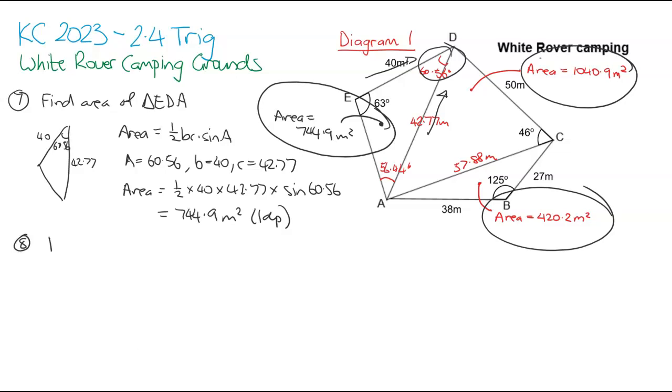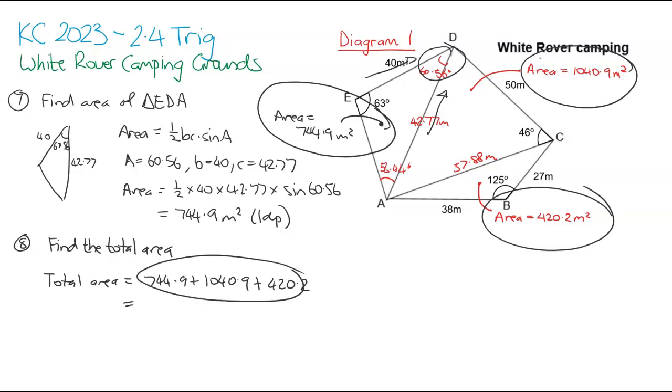So step number 8, find the total area. So total area will be equal to 744.9 plus 1040.9 plus 420.2.